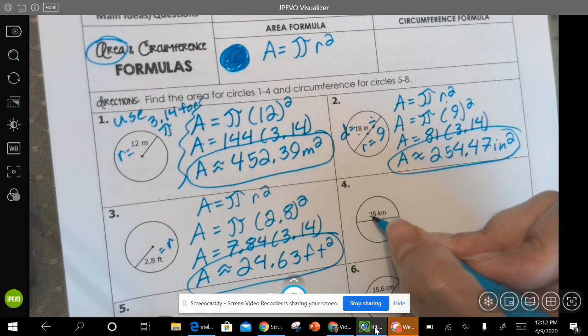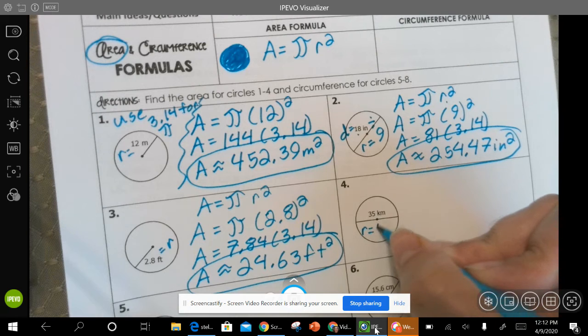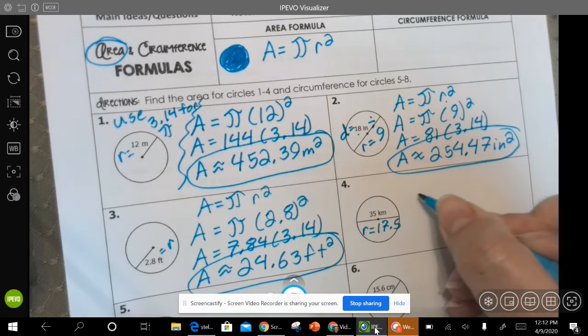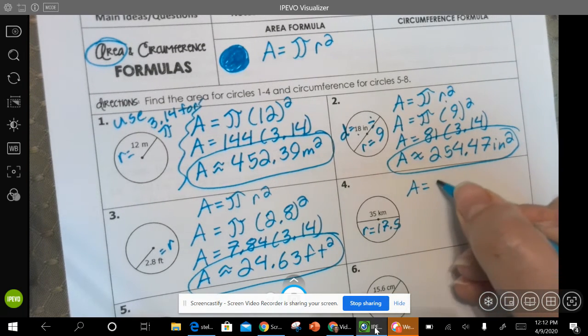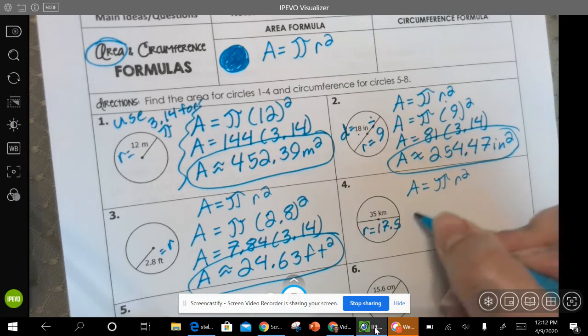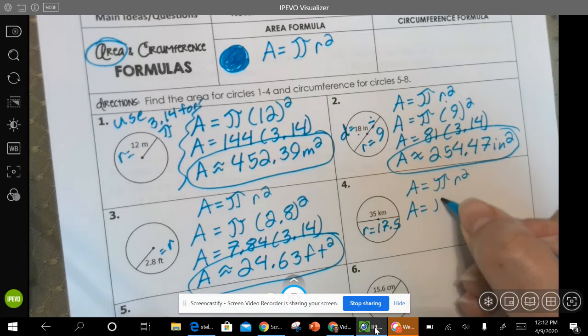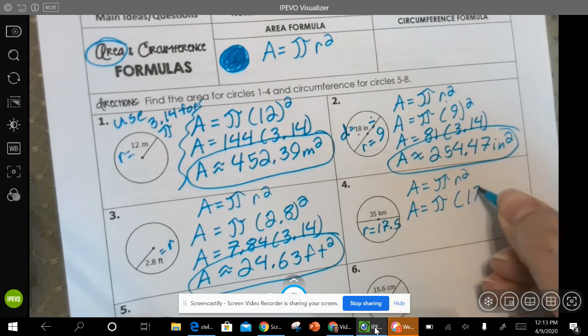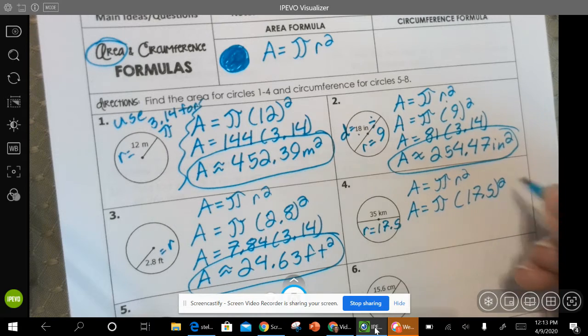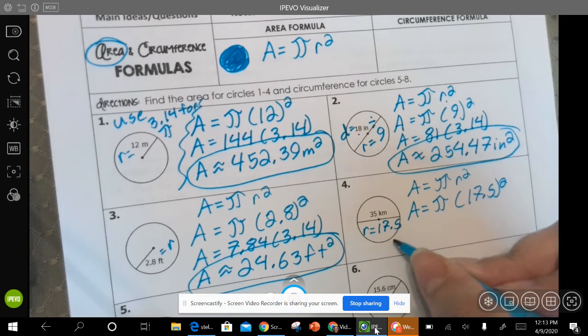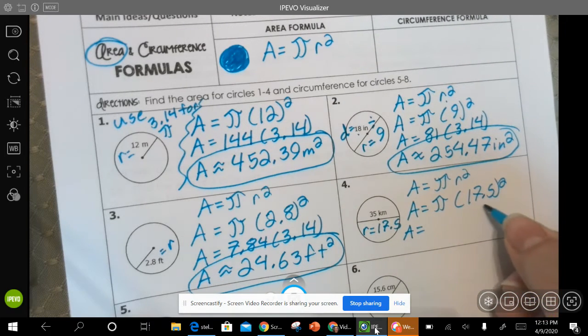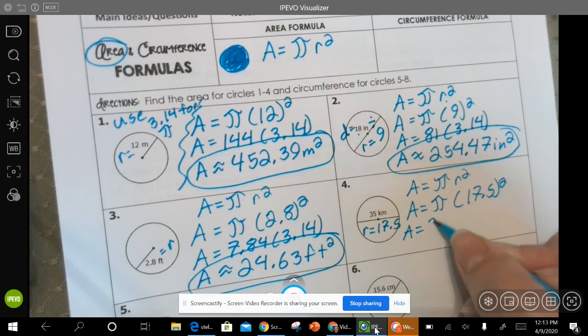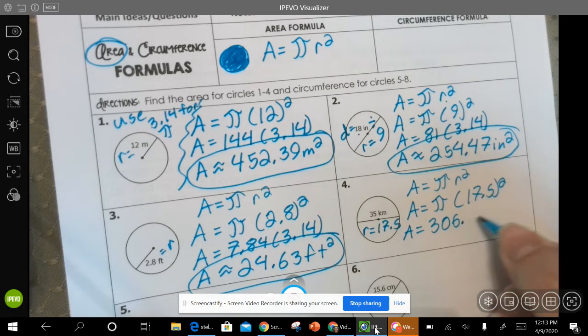Same for this one. Diameter. Think of money. Half of $35 is 17.5. So area is equal to pi r squared. It's going to be pi times 17.5 squared. 17.5 times 17.5 is 306.25 times pi.